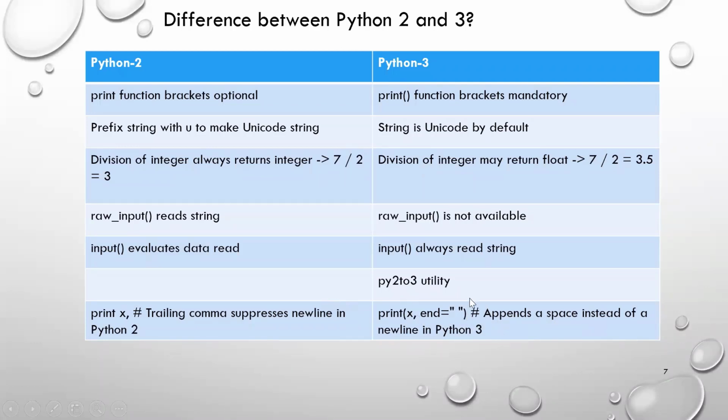Then it will print the line, but it will not give a new line after printing. So these are the high-level differences. Whenever you are interacting with different Python versions, it might be helpful to keep in mind which environment you are working in.